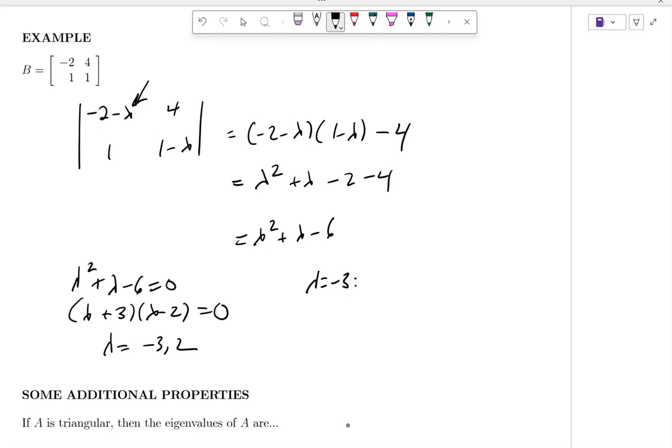I could row reduce it by hand, but I want you to use the technology. So let's change this over to B. B is already a 2 by 2. Do -2, 4, 1, and 1. That's the matrix B.